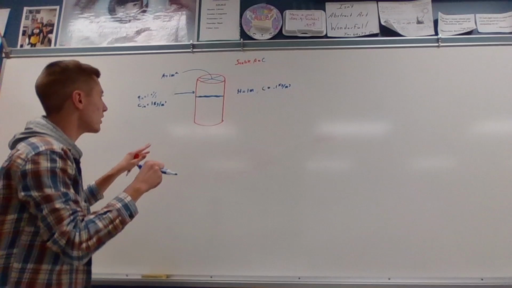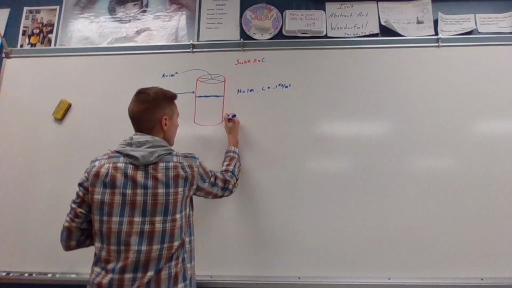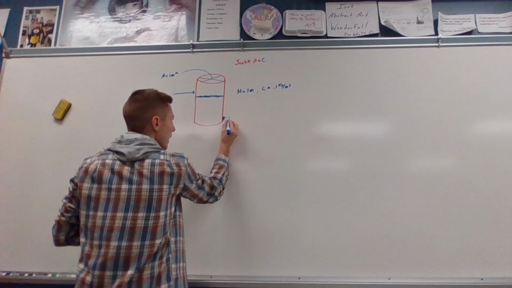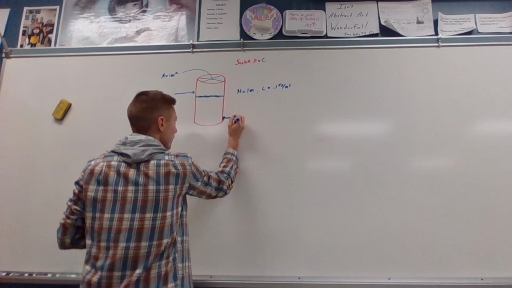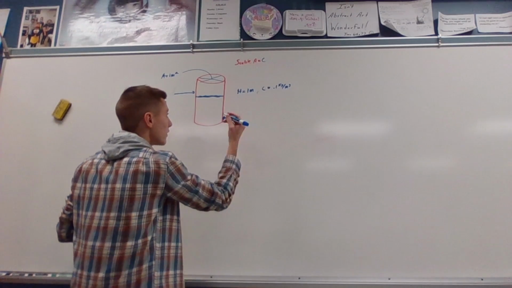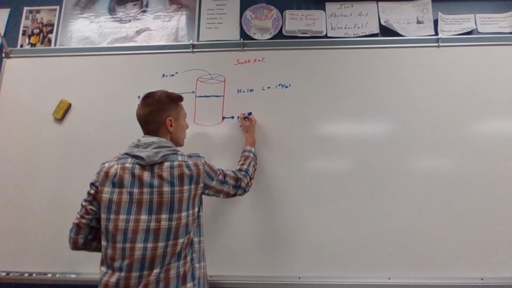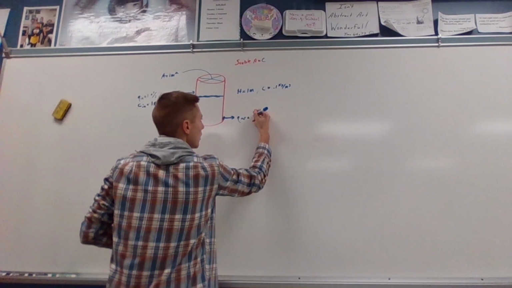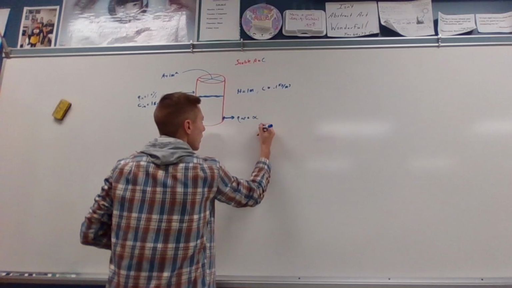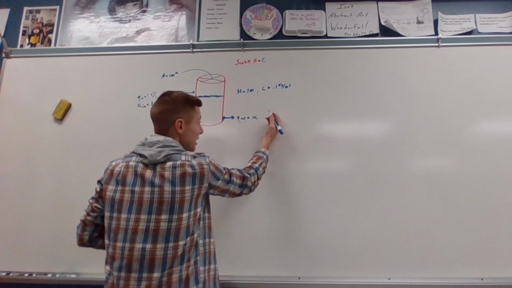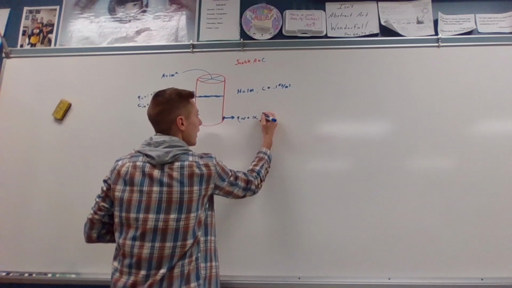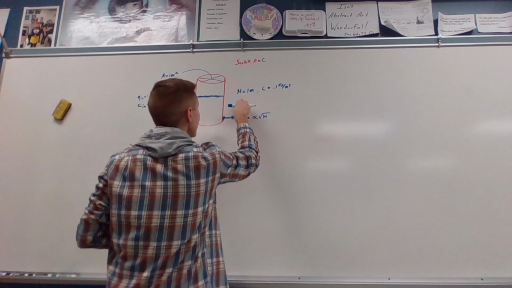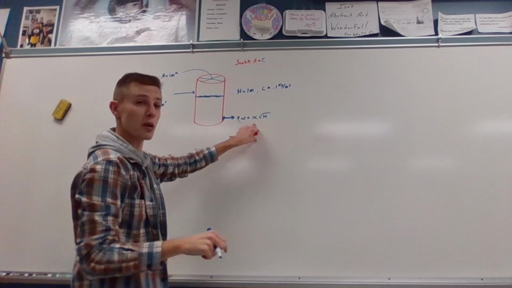Okay, and there is also going to be, at the bottom here, let's say some hole. And this hole is going to let out a flow rate, so Q out, of alpha times the square root of the height, which is 1 meter, but like I said, we're going to leave it in terms of variables.